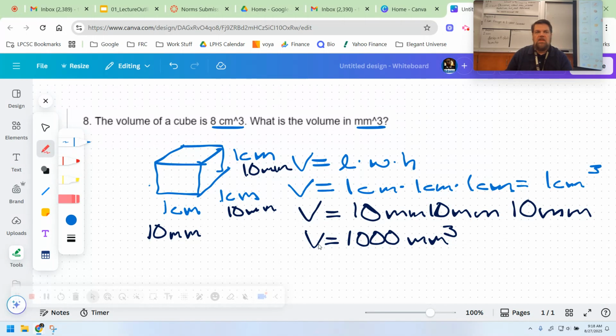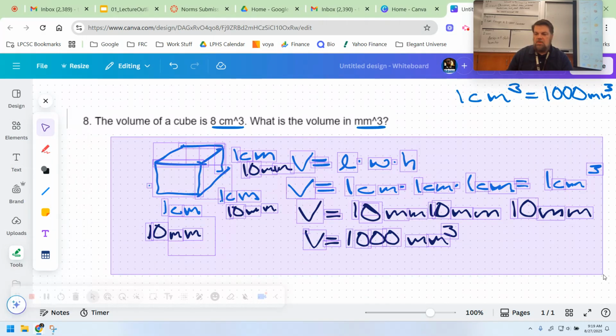Okay? So what that means is 1 centimeter cubed is equal to 1,000 millimeters cubed. Okay? So I need that conversion factor in order to do this whole thing.